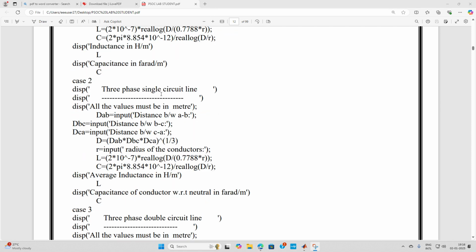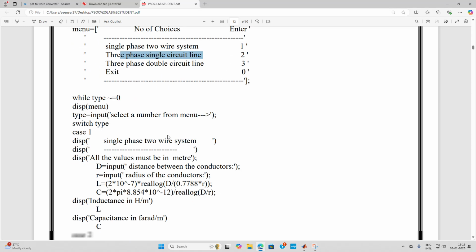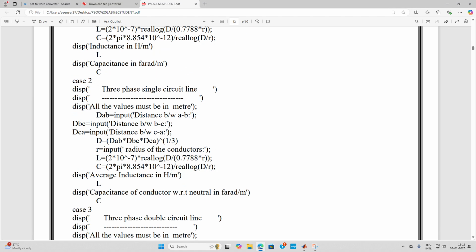Next, case 2, three phase single circuit line, because the input is a three phase single circuit system, we enter the number of choices. Same thing, display the value; all the values must be in meters.